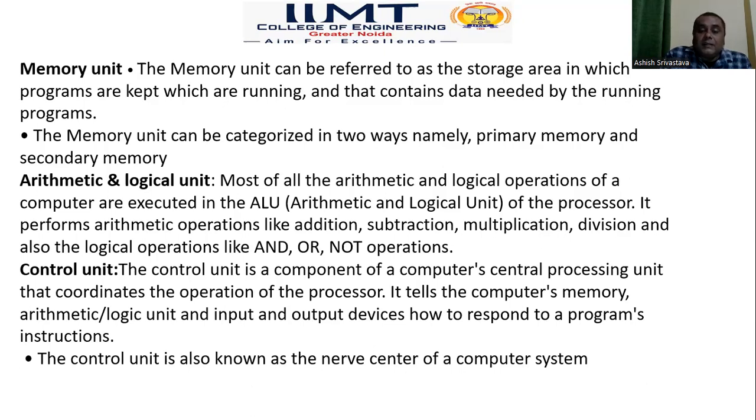It is the nerve center of the computer system. The control unit mainly passes the control signals as well as timing signals to the input devices, output devices, arithmetic unit, and memory unit for them to perform their operations.